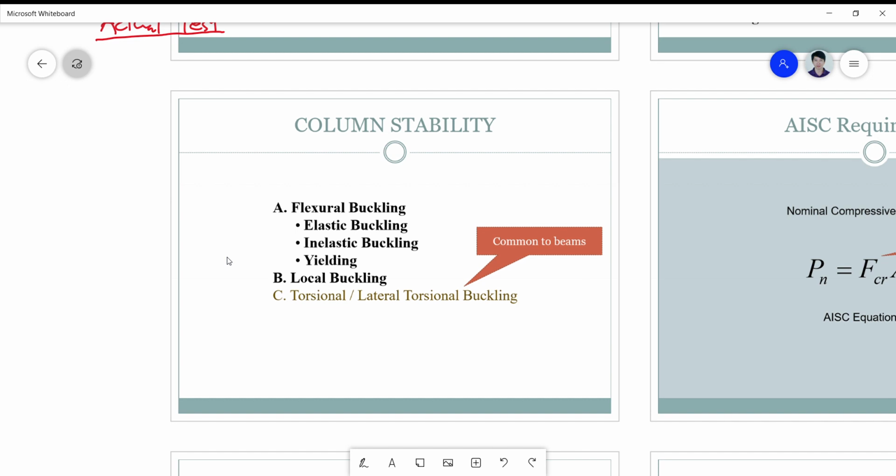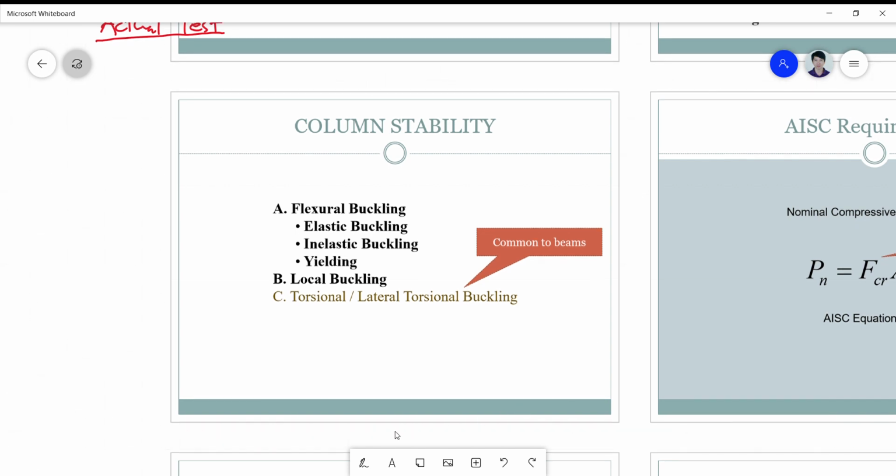on flexural buckling failure. So we have actually three types. We have the elastic, the inelastic, and the yielding. Most often than not, these first two here are more critical than the last. Okay, the yielding, the failure.